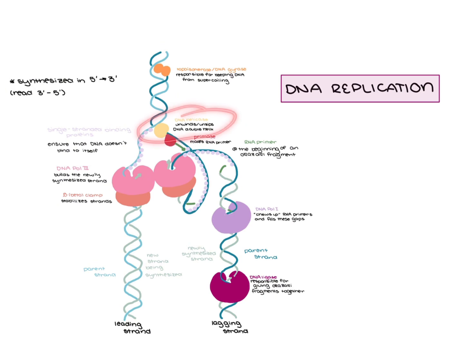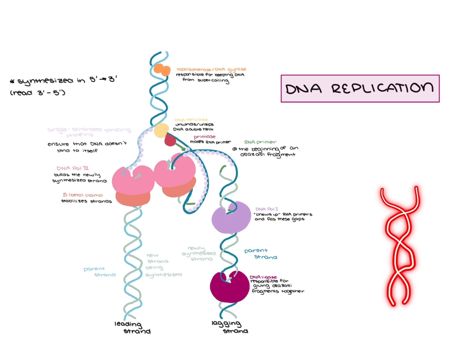After we go through DNA helicase, which unwinds or unzips the double-stranded DNA, DNA wants to be in this double-stranded format. Whenever we think of DNA, we think of this double-stranded helix. That's because DNA wants to be together. It wants to be complementarily bound to its partner. So helicase is going to be responsible for unwinding that double strand.